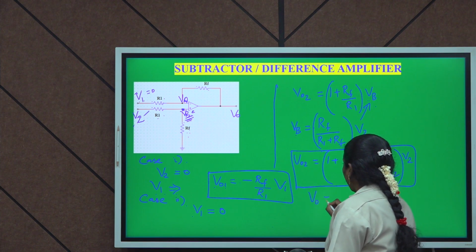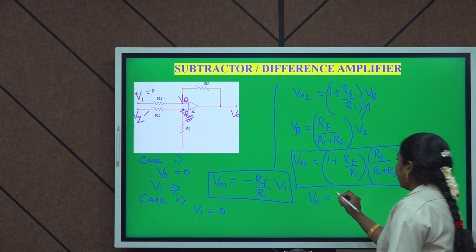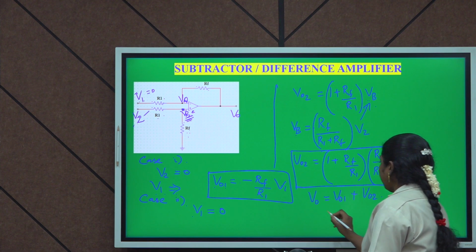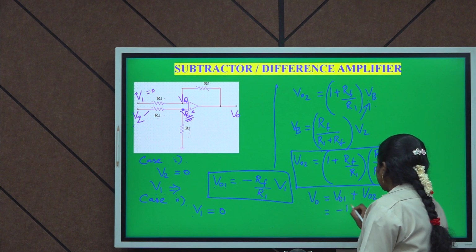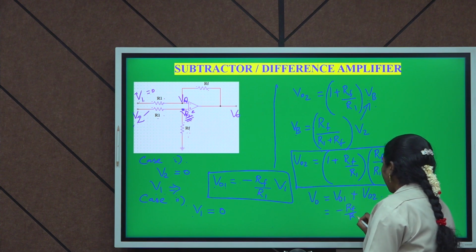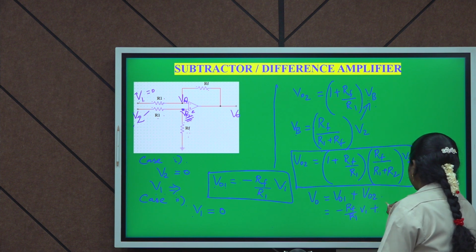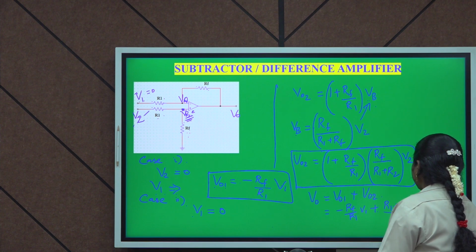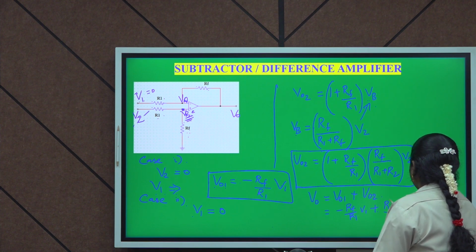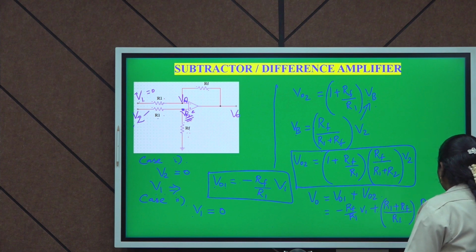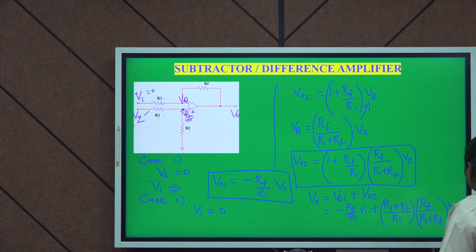The output voltage V0 can be calculated by summing V0 of 1 and V0 of 2. So we know that minus RF divided by R1 into V1 plus, when we are taking LCM, R1 plus RF divided by R1 multiplied with RF by R1 plus RF, this is multiplied with V2.